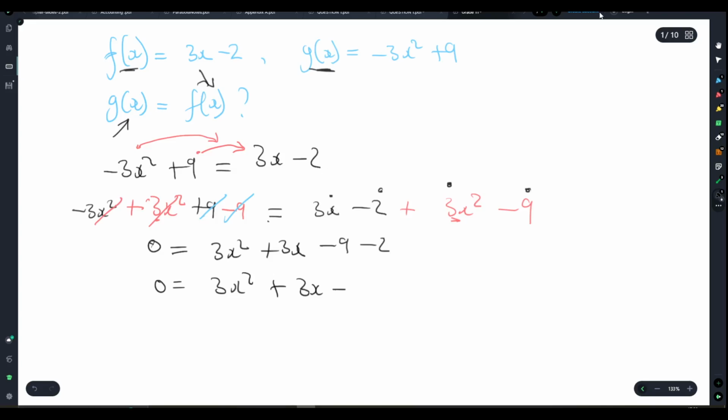Okay, so let's go up. Here I want you to look at this carefully. We're going to use the quadratic formula. A lot of students lose marks in the quadratic formula, right? Because of substitution and because of negative signs.